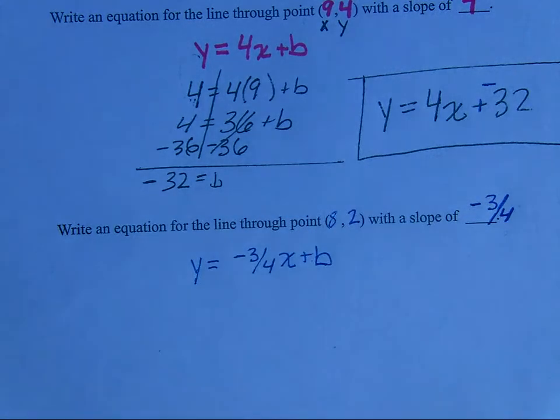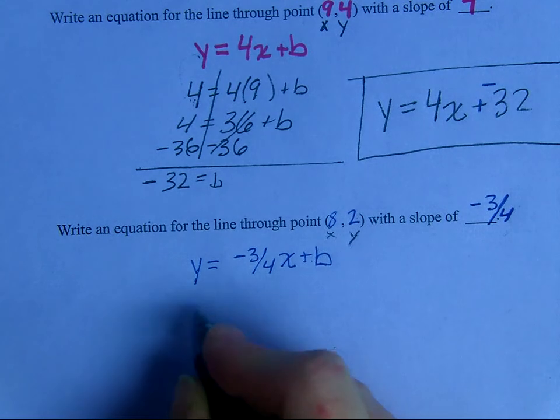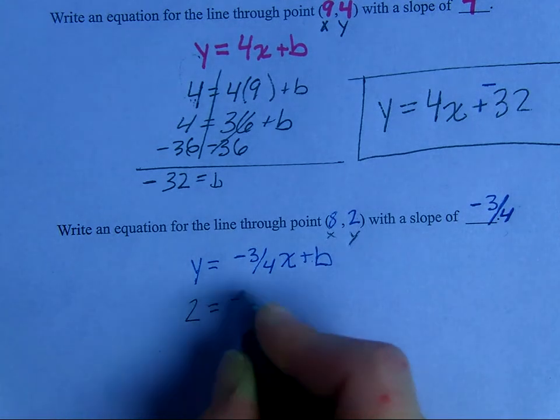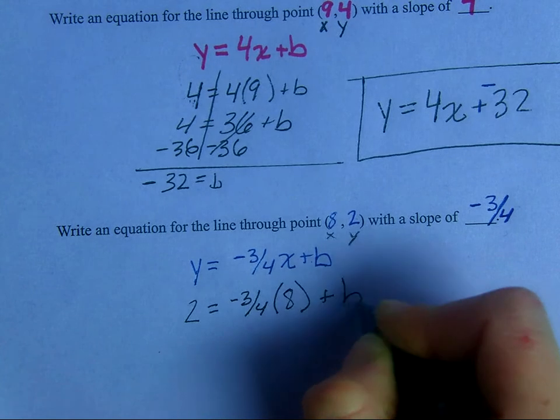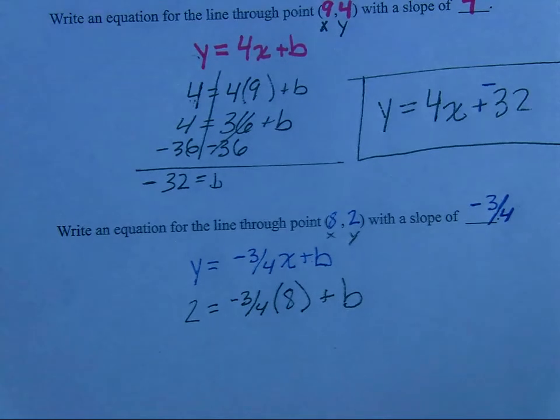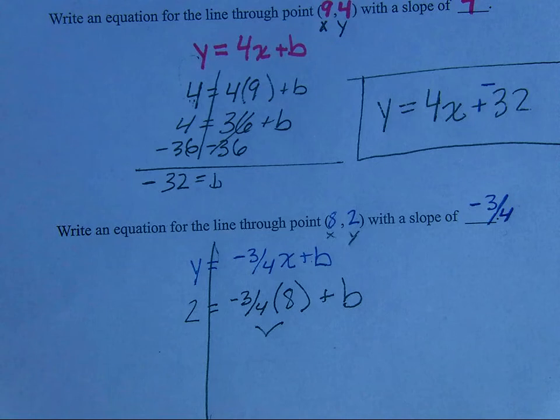And then we need to find b. So to find b, I'm going to take my x and y values and plug those in. So 2 is equal to -3/4 x, which is 8, plus b. So this is still multiplication here.